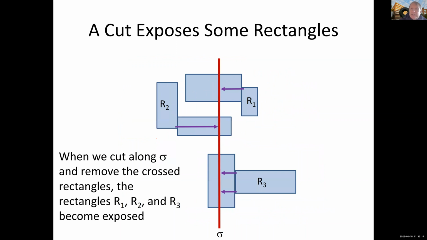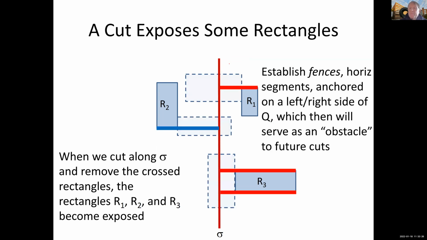Now, when you make a cut, so if this is a portion of a cut, this sigma, it crosses some rectangles. Those will have to be paid for. But once we cross those rectangles and we discard them, it exposes some other rectangles, R1, R2, R3 in this case. And what we do is we establish a fence. A fence is going to be a protection device, a horizontal segment attached to the boundary.